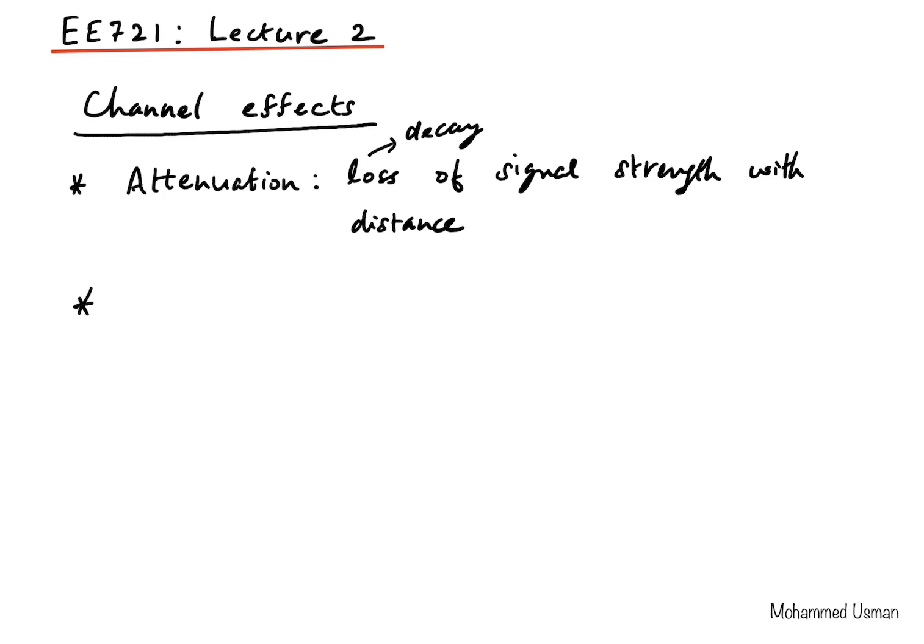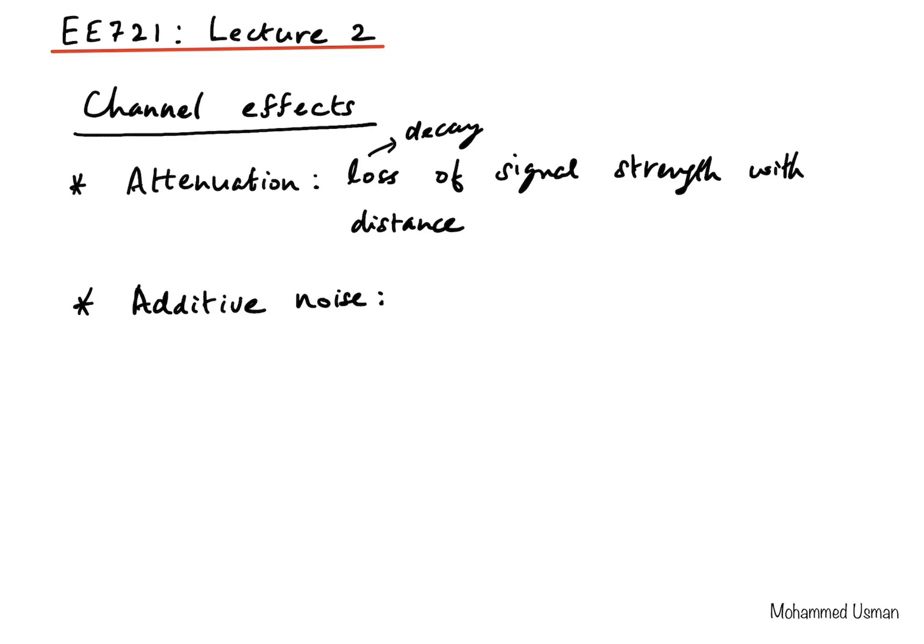Then we have additive noise, wherein noise gets added to the transmitted signal. The noise on the communication channel can come from internal sources like thermal noise, which is from within the electronic circuitry, and also from external sources. The external sources could be man-made or occurring naturally, which is environmental noise. In the case of man-made noise, we talked about the ignition from engines, or the signals emanating from other machines.